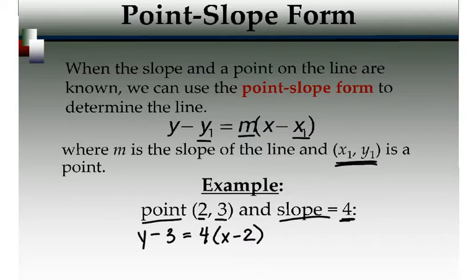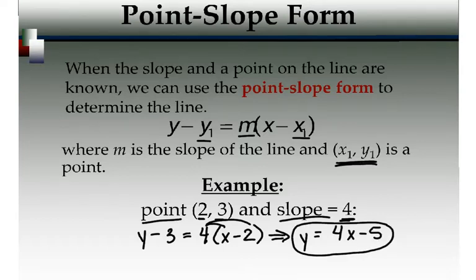We're never going to put anything in for y and x, because we need those variables for our equation. So distribute the 4 and add 3 to both sides. We end up getting y equals 4x minus 5. And we're done. So this point-slope form is very useful to memorize.